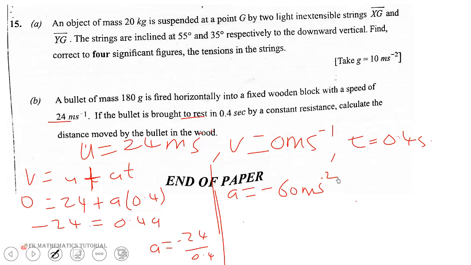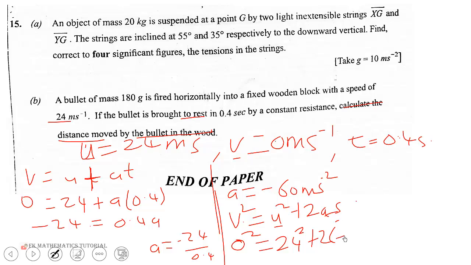Now we are asked to calculate the distance moved by the bullet in the wood. That distance we can calculate using v squared equals u squared plus 2as, where s is the distance, a is in this case the deceleration, v is the final velocity, and u is the initial velocity. So we put it inside and we get 0 squared is equal to 24 squared plus 2 times negative 60 times s.